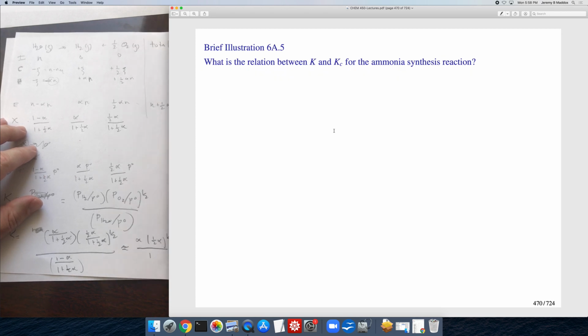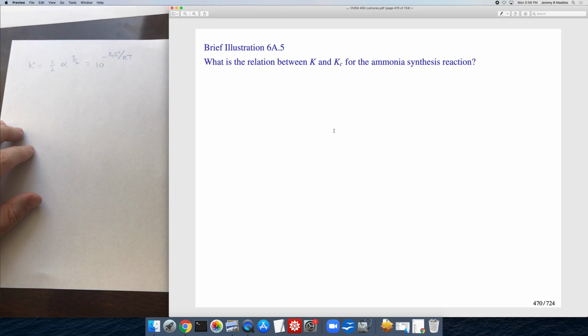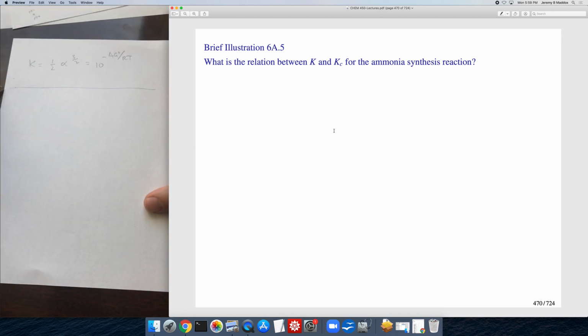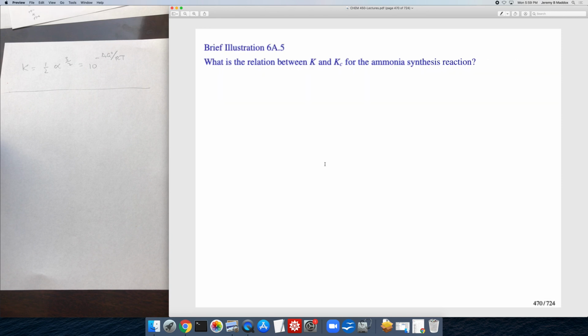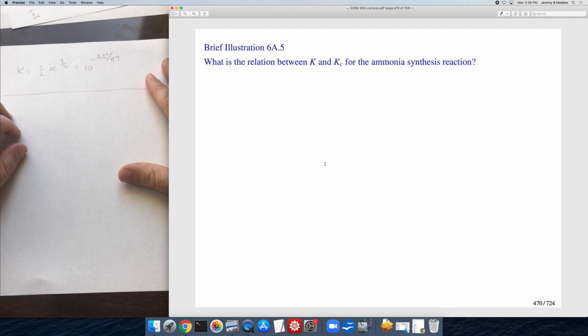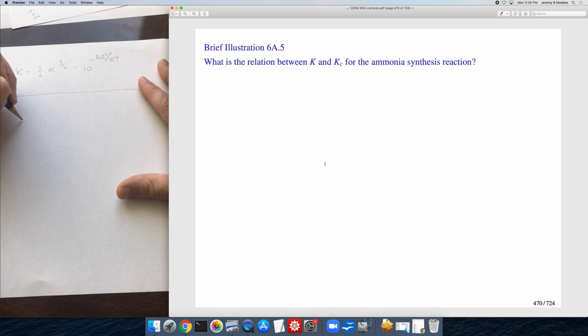This next one's not nearly as interesting. Again, it's going back to the relationships between the different equilibrium constants. They want you to find the relationship between K and Kc. I'm just going to copy the equation from the book.